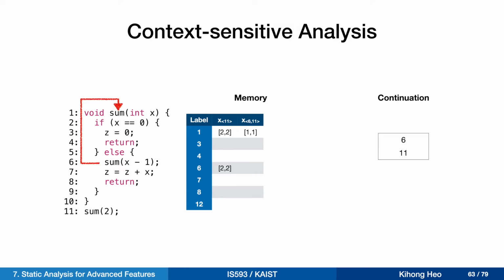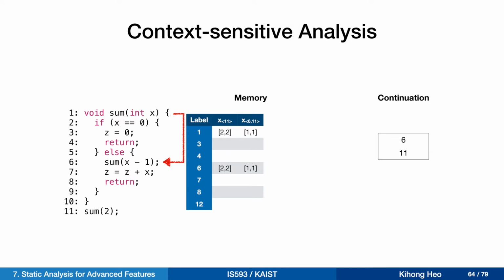For the next function call to the sum function, okay, this time the parameter is associated with a new call string that is prepended by 6. Okay, so the call string for the new context is 6,11. That will be used to denote the instance of x in this particular calling context. Okay, this one.